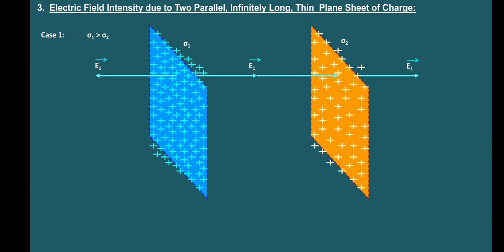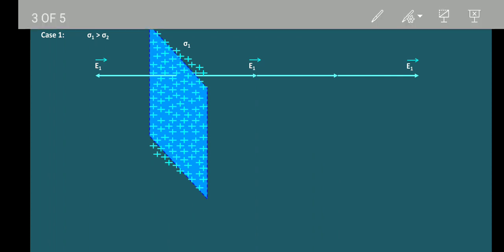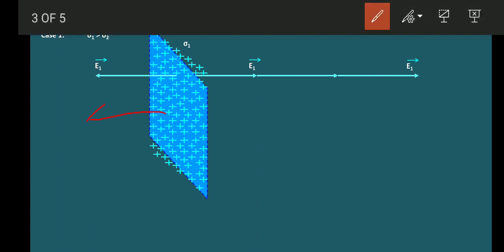Now the electric field due to the first sheet is drawn like this. Since it is a positive charge, the electric field will be radially outward. See that? Radially it goes outward, on this side and on the other side. That is the direction denoted here for the first single sheet.